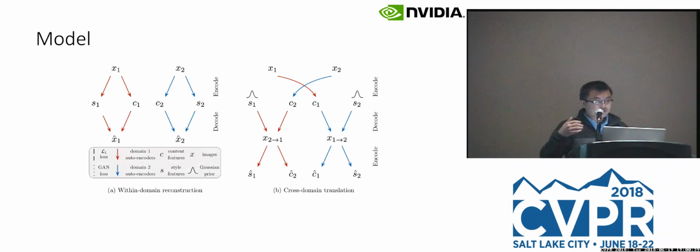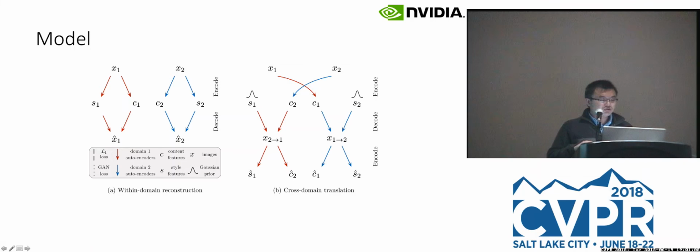So I will now dig into the details of our model. Here we have X1, which is an image from the first domain, and we extract a content code C1 and a style code S1, and we combine them to reconstruct our input image X1 hat. We do the same thing for the input domain 2 image X2, extract C2 and S2, and reconstruct X2.